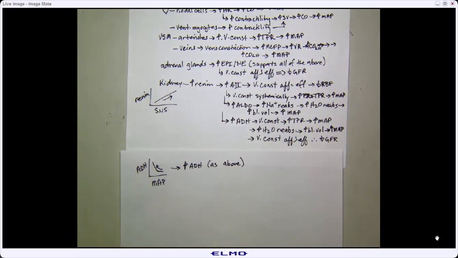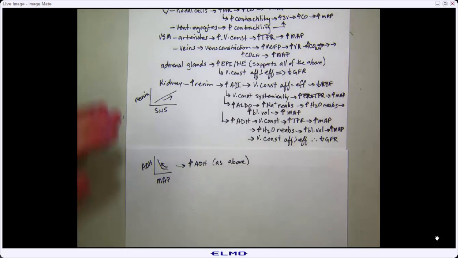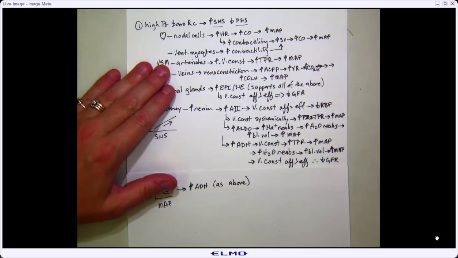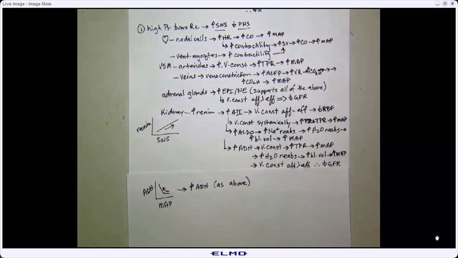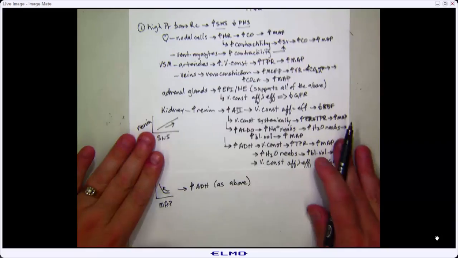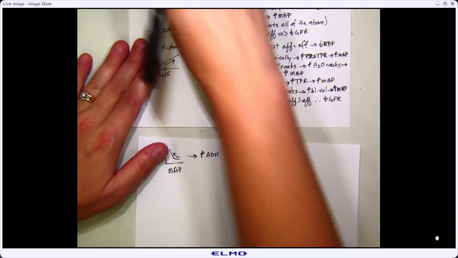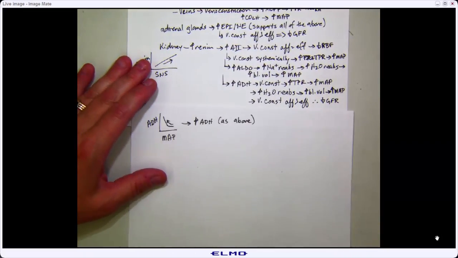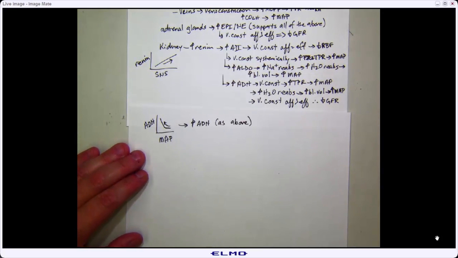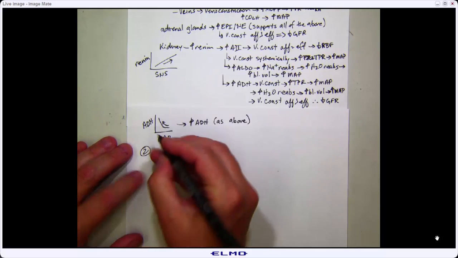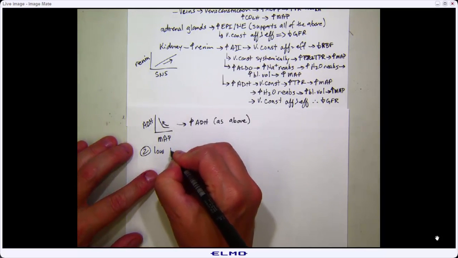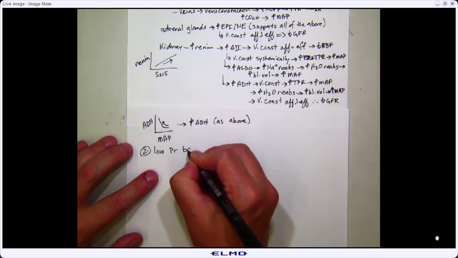So the way I like to try to think about these things is I think of my sensor and then I work through the three different time scales. And when I think I'm done there, I'm going to pick another sensor and then work through the different time scales, right? So we had another sensor, let's go our low pressure baroreceptors.